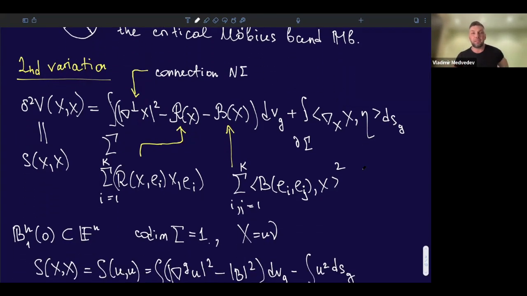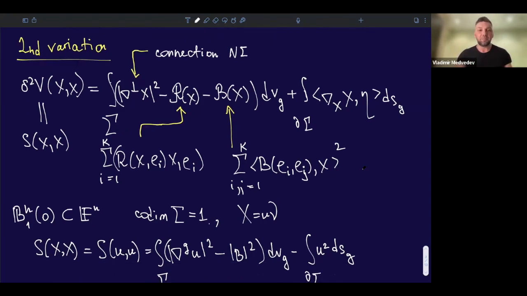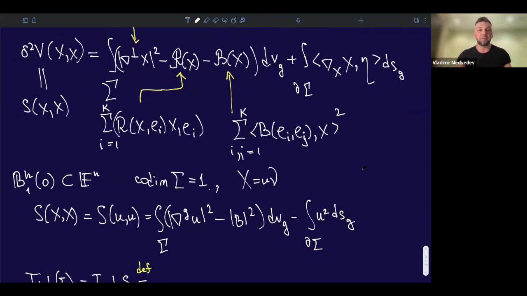This formula, in this generality, we don't use. I'm going to use it in the following situation, when the codimension of sigma is 1. Then you can express X as a function u times the unit normal vector field to our surface.